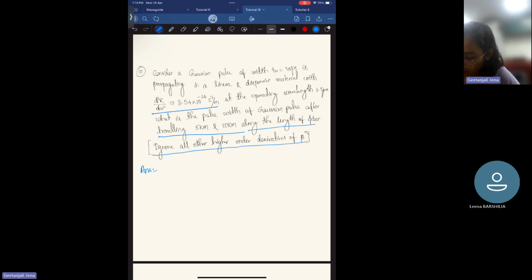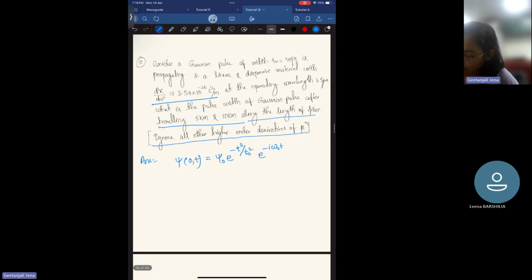So we have seen in the previous question that if we have a Gaussian pulse of psi 0, it was e to the power minus t²/t0², times e to the power minus i omega 0 t. So let's say we have a pulse like this.